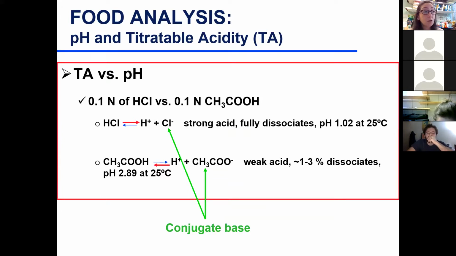At the same concentration, 0.1 normal, the HCl is going to dissociate completely and gives you a very low pH of 1.02, whereas acetic acid is going to partially dissociate and gives you a higher pH, more than double, almost triple, pH 2.89. So here's a literal example of having two solutions or acids at the same concentration, yet they have different pH. That's an illustration of a strong acid versus a weak acid.